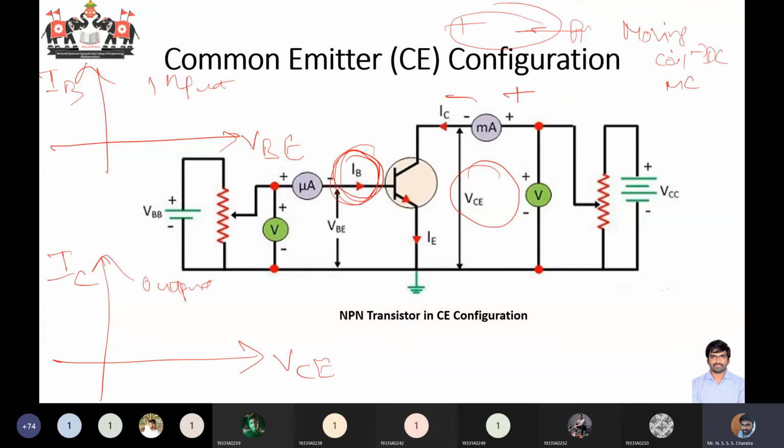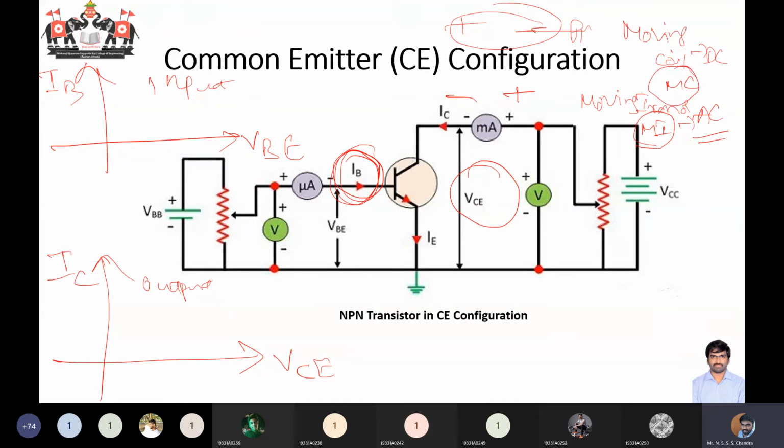For AC measurements, you have to use moving iron or MI type of instruments. Remember these things for every lab, whether it's a circuits lab, analog electronics lab, or power electronics lab: for AC measurements use MI type of instruments, and for DC measurements use MC type of instruments.